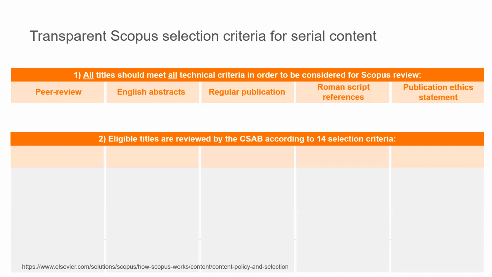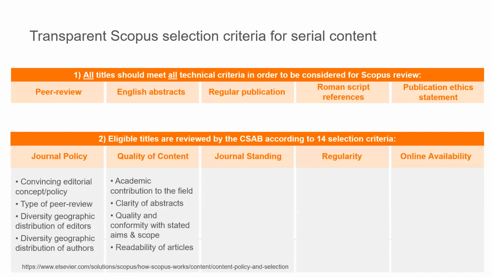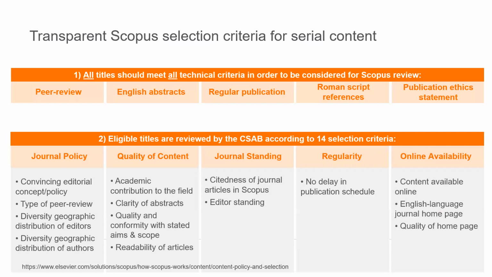Then in the second level, it goes to the Content Selection and Advisory Board, and they look at factors like the journal policy, the quality of the content, the journal standing, the regularity, so the issues per year, for example, and the online availability, and this also includes the quality of the website and the information provided on the website, right?